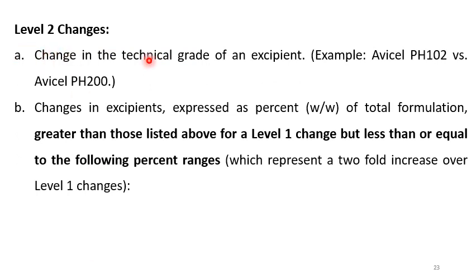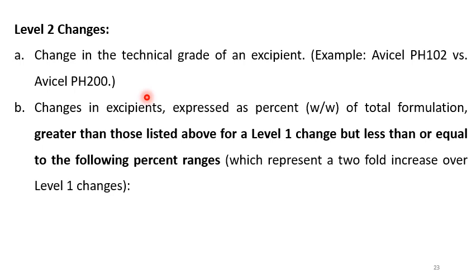The example is a change in the technical grade of excipient. Example is AVICEL 102 versus PH 200. Changes in the excipient expressed as percent weight by weight of the total formulation greater than those listed above for level 1 change but less than or equal to the following percentage ranges. So if your formulation is going to be changed by more than 5%, then it will come under level 2 change.